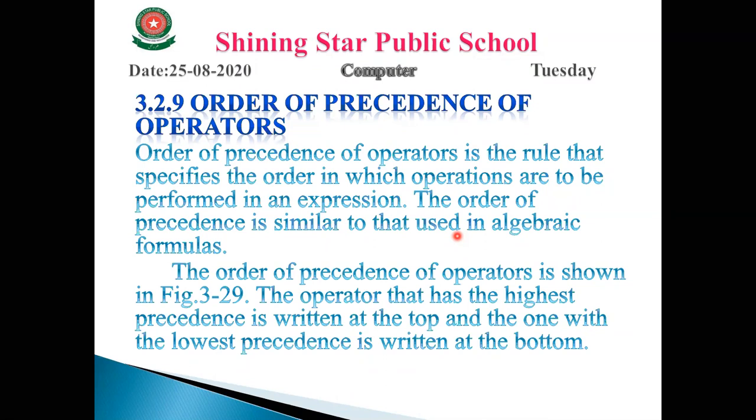We will adopt the DMAS method. DMAS means divide, multiply, addition, subtraction. So first of all, we have to divide, then we multiply, then we add, and then we subtract. In a C language program, we also have some rules for solving these types of expressions.